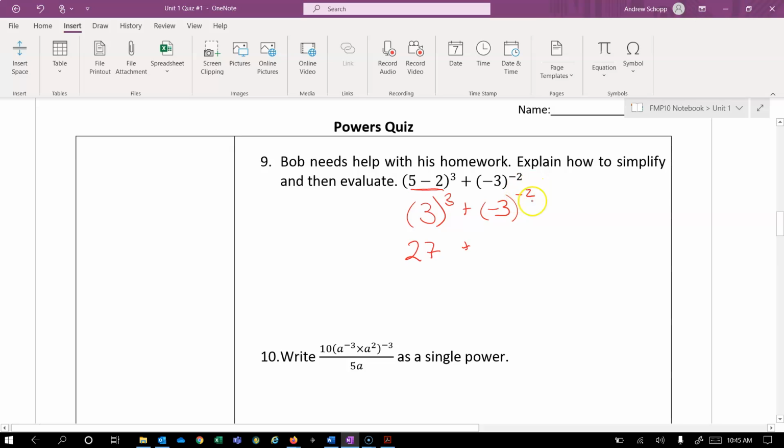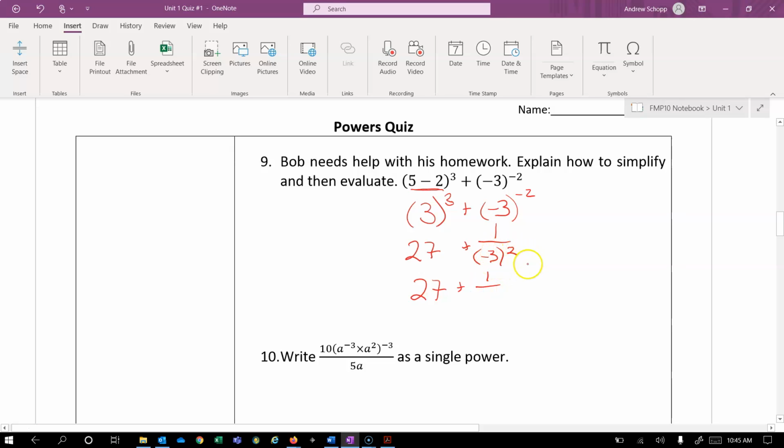And this exponent, I don't really know how to evaluate this expression right now with the negative exponent, so let's rearrange it. Make sure you keep the negative 3 inside brackets and make it so I have a positive exponent. So 1 over negative 3 to the power of 2. Now this is 27 plus 1 over negative 3 to the power of 2.